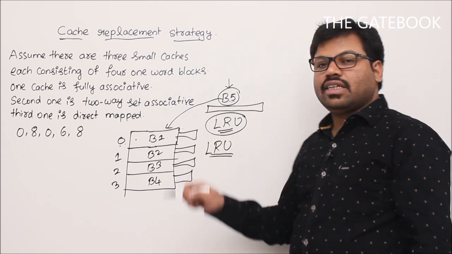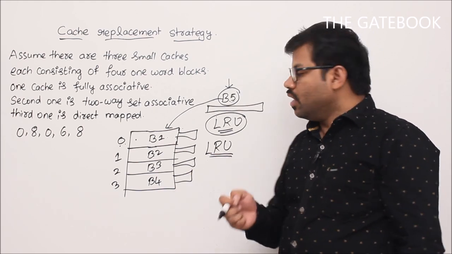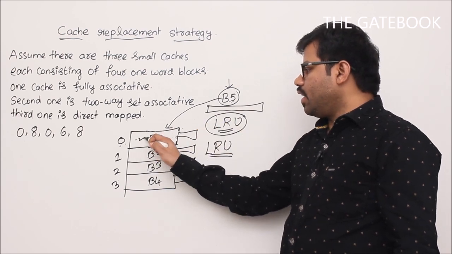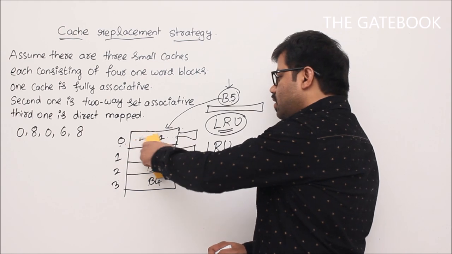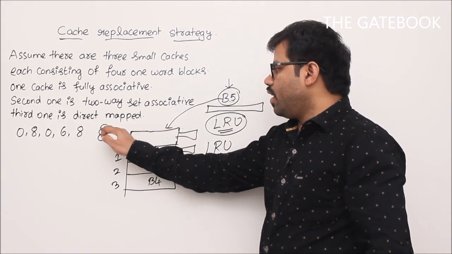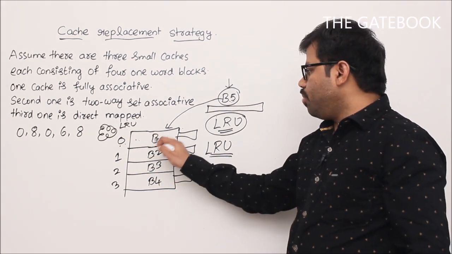Then this strategy is really applicable. What is that? Least recently used block. Somehow your hardware should count it. Let's say your hardware knows that B1 is least recently used, then that will be replaced. Understand? For that we need extra hardware, so using the hardware we implement the least recently used technique. Let's say we keep B5.